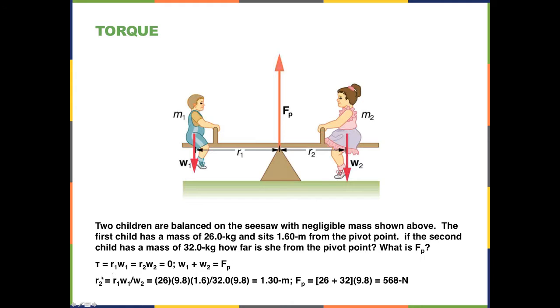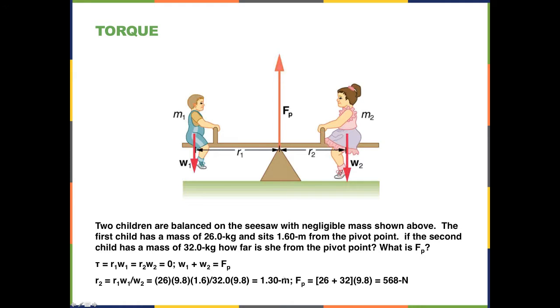And here we have it with numbers. I've scrambled this around so that we solved for R2, so that's equal to R1 W1 divided by W2. So we have 26 is the weight of the boy times 9.8 meters per second squared, gravity, times 1.6 meters, that's how far he is from the pivot point, divided by her weight, which is 32 times 9.8.